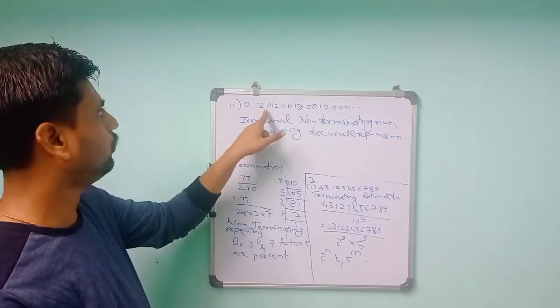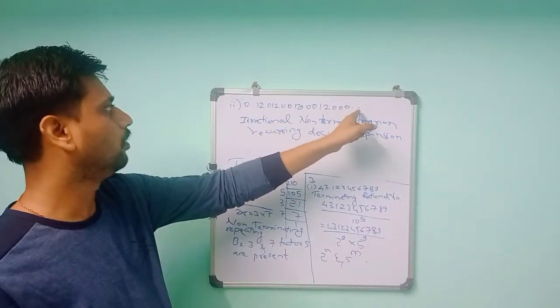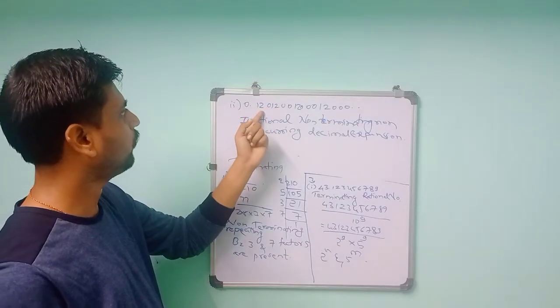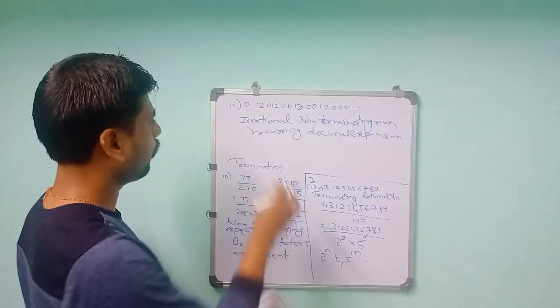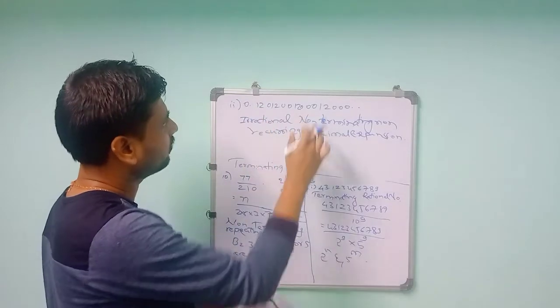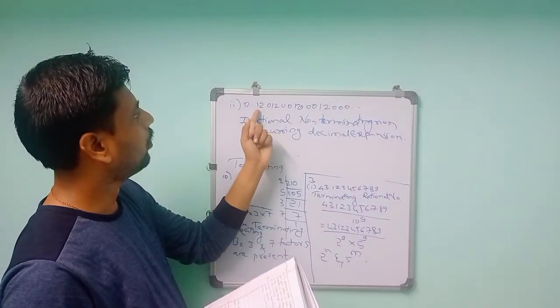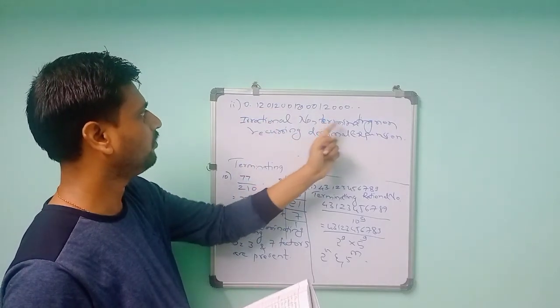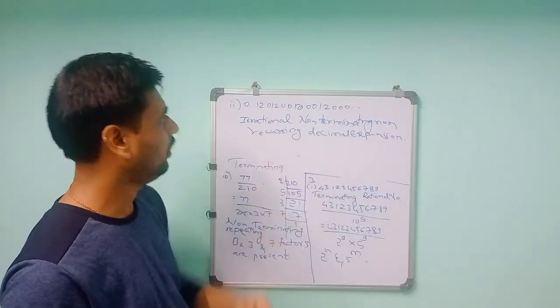So 0.12012 and still it is going on. So it is not in the form of p by q, because this number is not repeated and not terminating. It is irrational. So irrational means it is non-terminating, non-recurring decimal expansion.